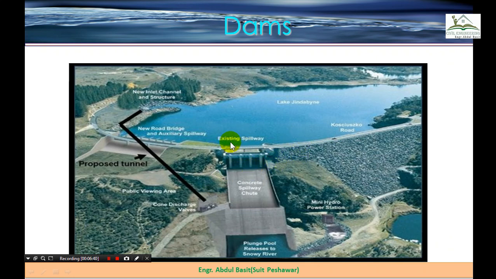Now in the close view, you can see the parts. These are the bunds. This is the spillway, which is operated with the help of gates. This is the bridge over the spillways.